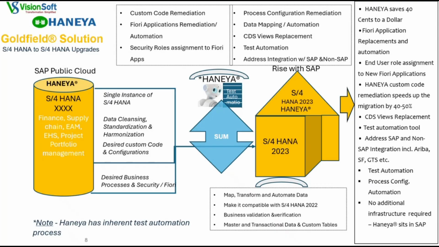So as you see on the left-hand side, you have public cloud by business processes: finance, supply chain, EAM, etc. It starts with cleansing some of the data in the public cloud, conducting the discovery, doing fit-to-standard process configurations, and process mapping to make sure that the target version fits the business process, as well as the Fiori applications, the assessment, security roles, etc. Then, as we are ready, we use the SUM process, Software Update Manager, to upgrade the public cloud system into RISE with SAP, private cloud, on the right side.